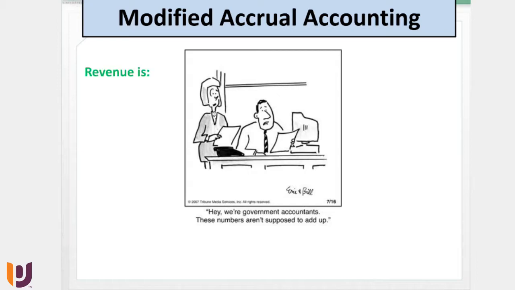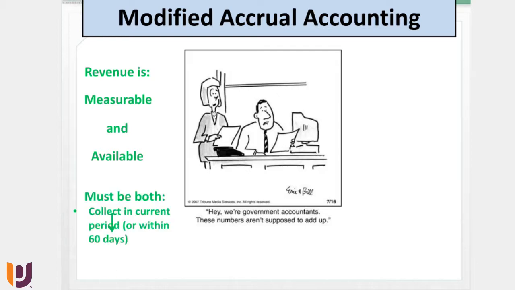Revenues must be measurable and available to pay for the current period's liabilities. It must be both. Revenue is measurable when the cash flow from the revenue can be reasonably estimated. Revenue is available when both of the following are met.